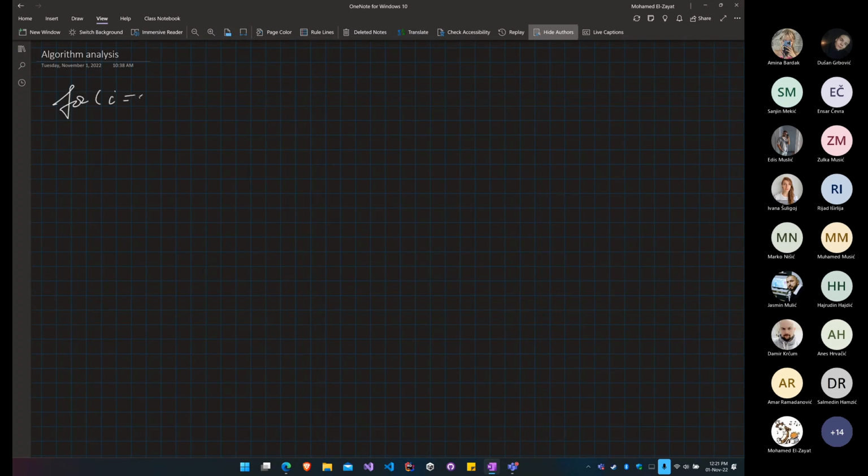when you had a for loop, for i equals 0 and i is less than n, and then we say i times equals 2, and then your code goes here.